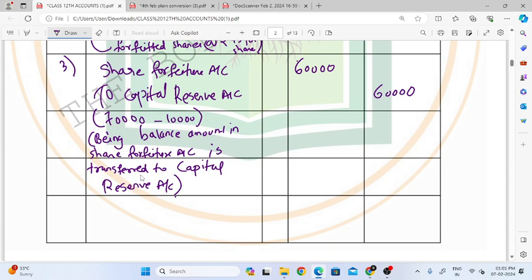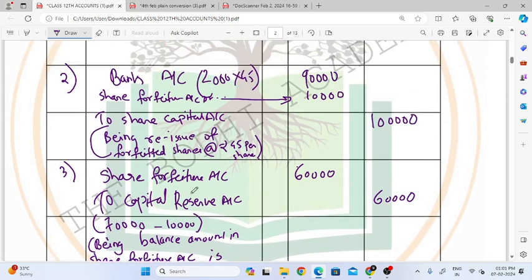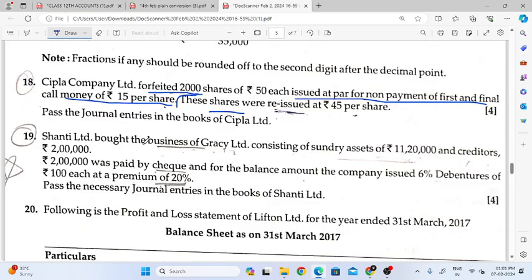Okay. So this is how you have to solve the journal entries.